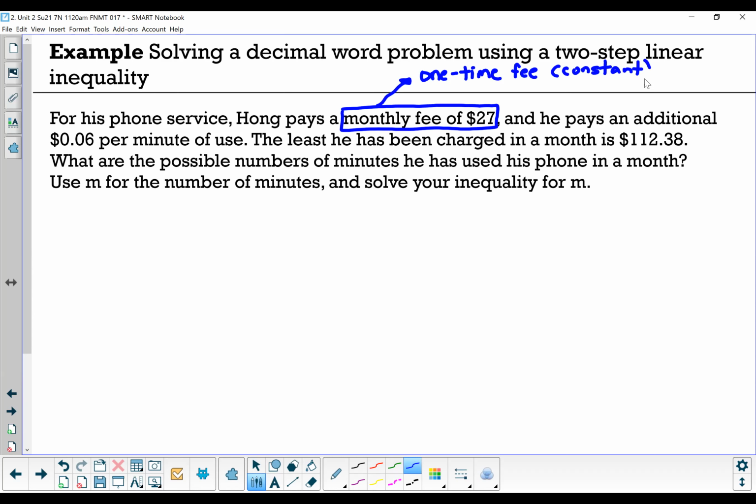This would be a constant. And then it goes on to say he pays an additional 6 cents per minute of use. So there is a rate we're given regarding this service. And we recognize this rate as 6 cents for 1 minute.